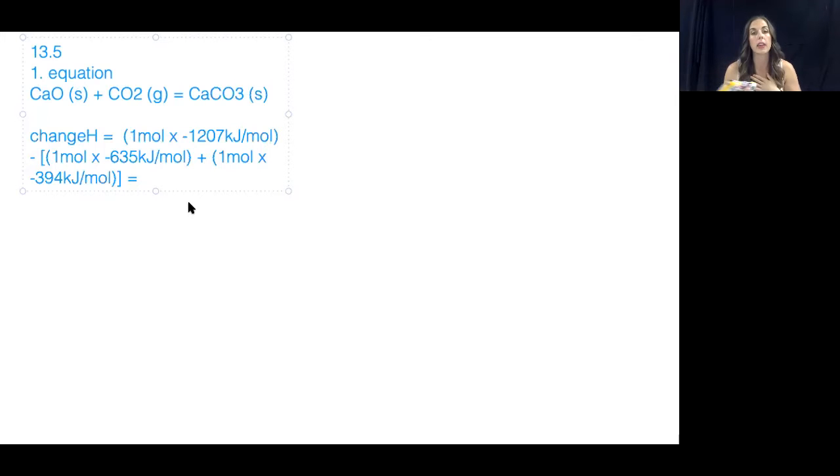I'm just going to plug it in the calculator this way. -1207 minus parentheses negative 635 plus negative 394. Close my parentheses. And I get negative 178 kilojoules of energy was released. So this is exothermic because it's negative.